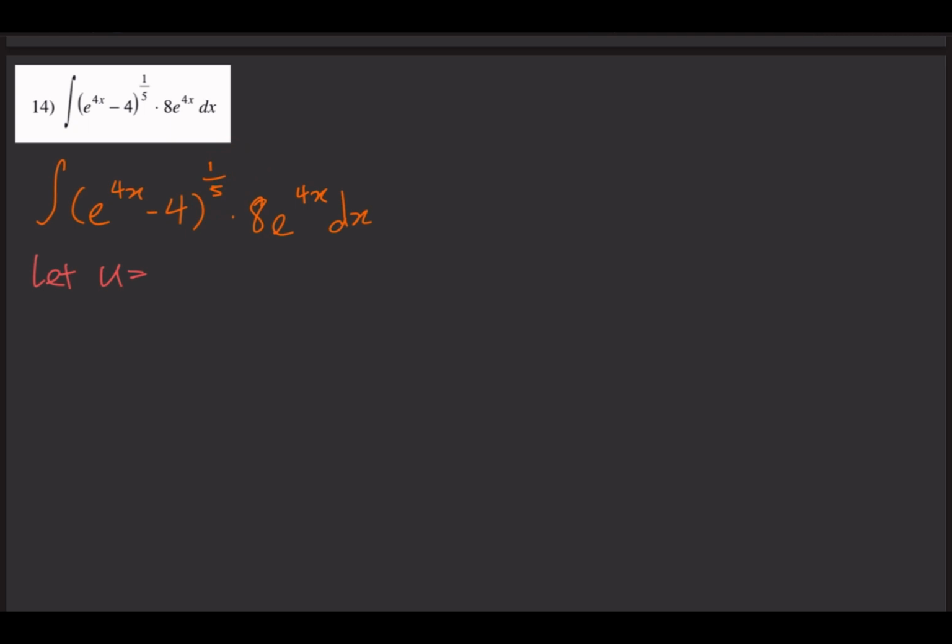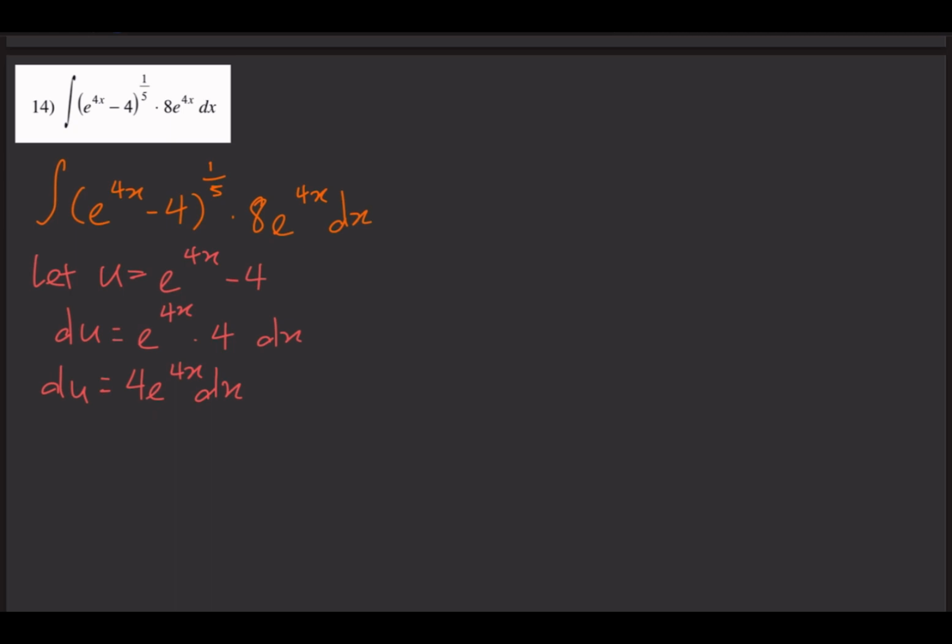So, we take this part, e^(4x) minus 4, and we differentiate, right? We always remember, differentiate e, copy for exponential, multiplied by the derivative of the top part, multiplied by 4 dx. Because the derivative of negative 4 is 0. So we get du equals 4e^(4x) dx.